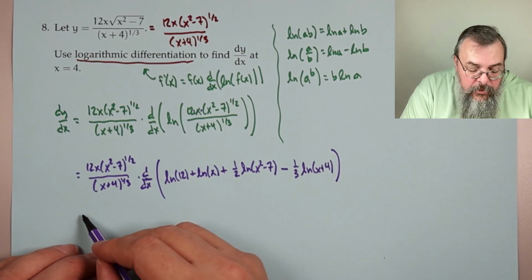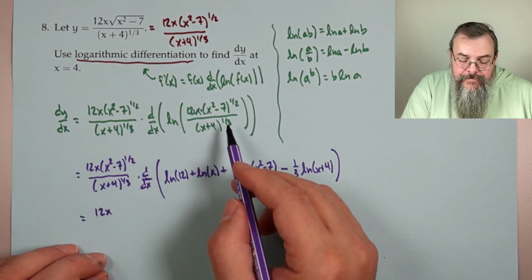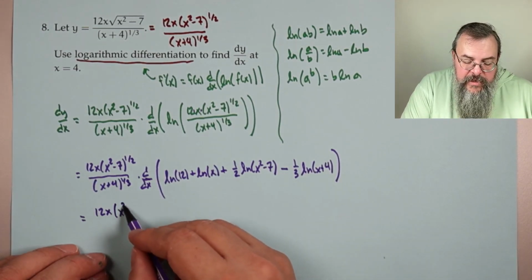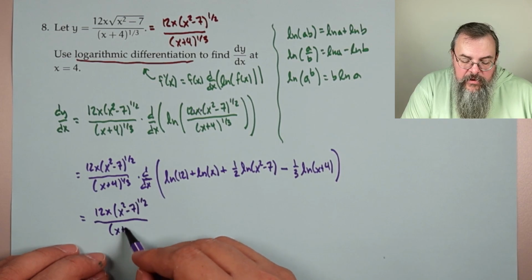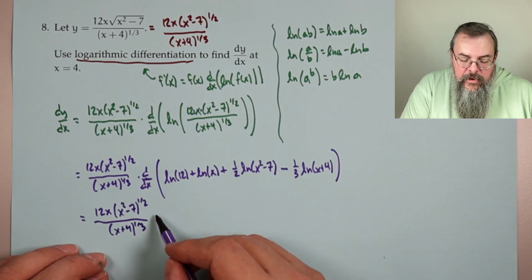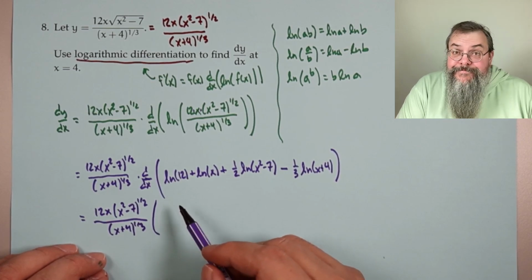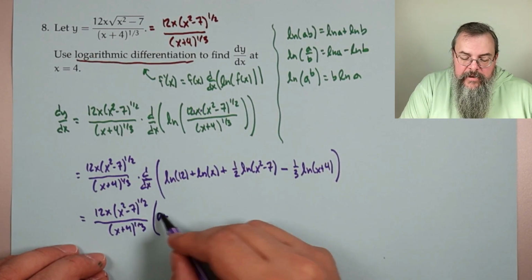All right, so we took our definition, we used our logs to pull things apart, and now we take our derivative. So what do we get? Derivative of a constant, because log 12 is a constant, is 0.